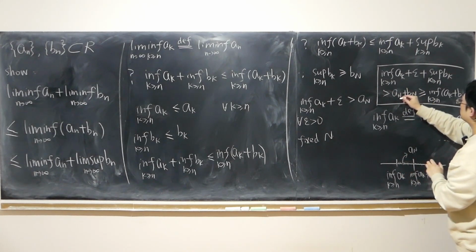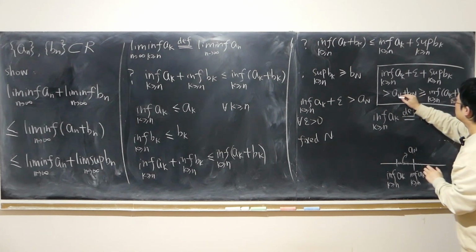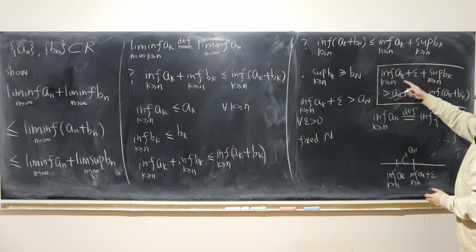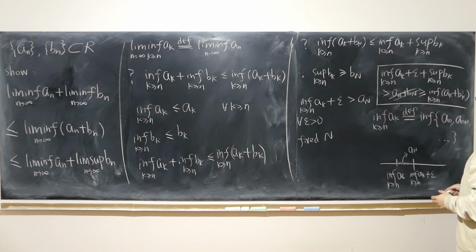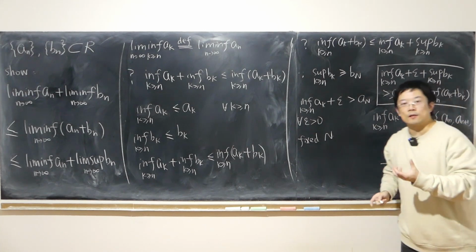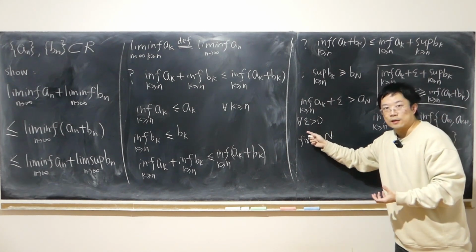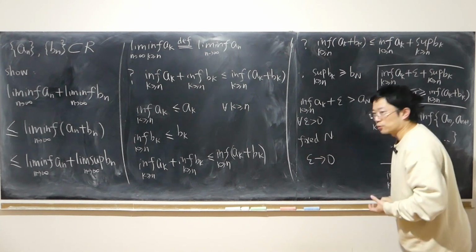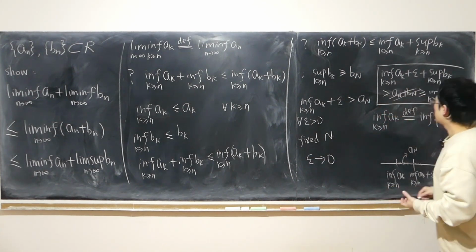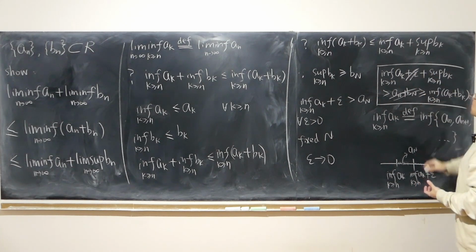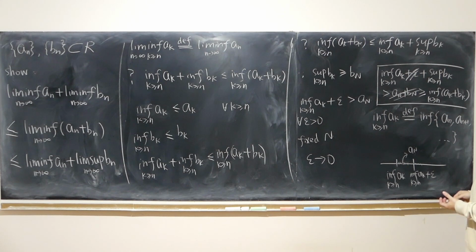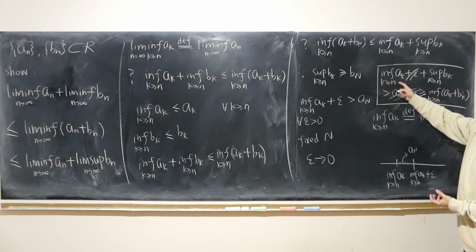So we don't even need the middle part. The middle part has finished its mission, no longer needed. All we need is the left-hand side and right-hand side. This is already bigger than that. Now, like I said, it is true for any epsilon that's positive. Now we let epsilon approach 0. Now epsilon is gone. This is totally legitimate, totally legal. Therefore, what do we have?